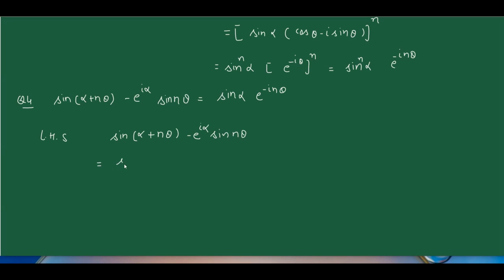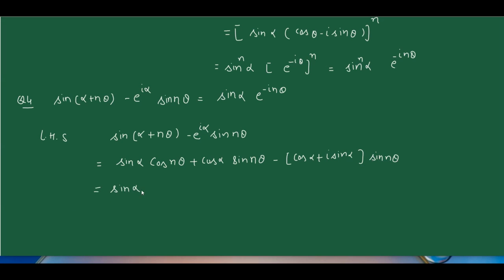So again apply the formula, sin alpha cos n theta plus cos alpha sin n theta, and you can rewrite e raised to power iota alpha as cos alpha plus iota sin alpha multiplied by sin n theta.